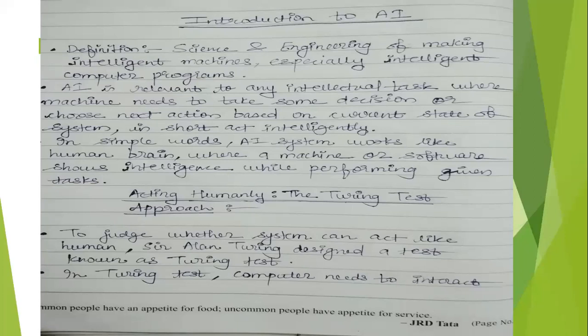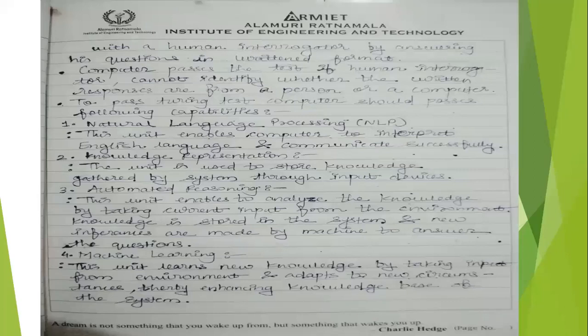So what is basically a Turing test? In the Turing test, the computer needs to interact with a human interrogator by answering his questions in written format. There is one human interrogator. He is asking questions to the computer and the computer is answering those questions in written format. This is the procedure of the Turing test. The computer passes the test if the human interrogator cannot identify whether the written responses are from a person or a computer.